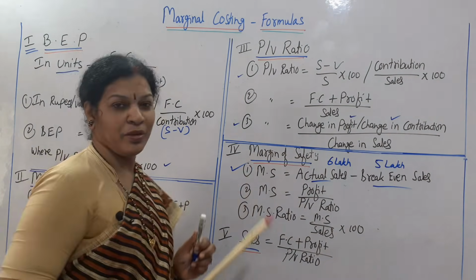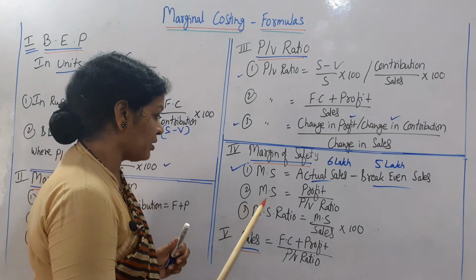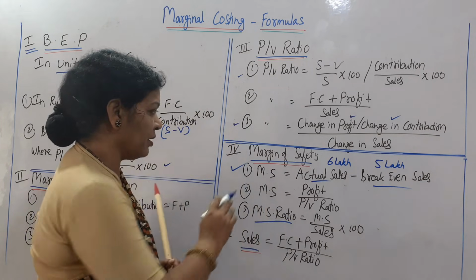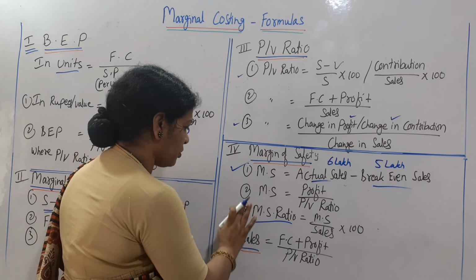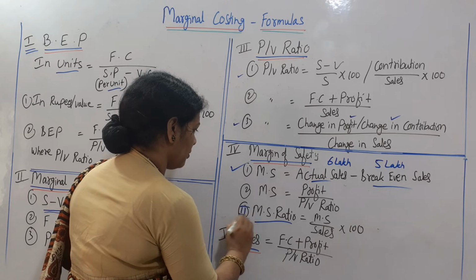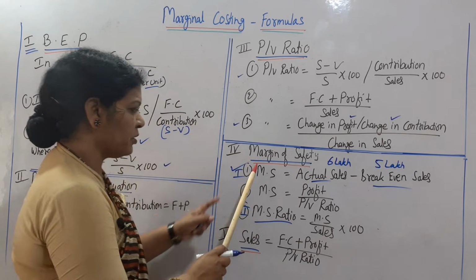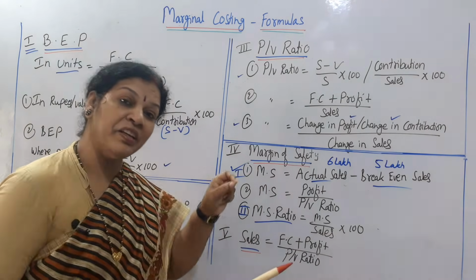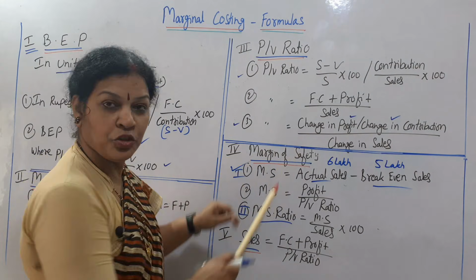And there is a third formula also, that is margin of safety ratio. Margin of safety formulas are only these two. The margin of safety ratio is the second stage.